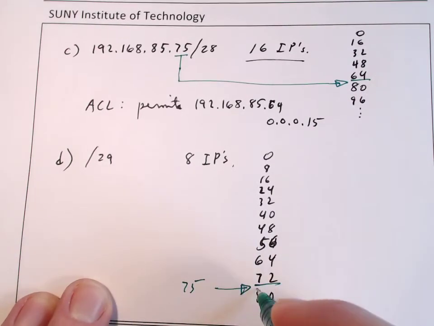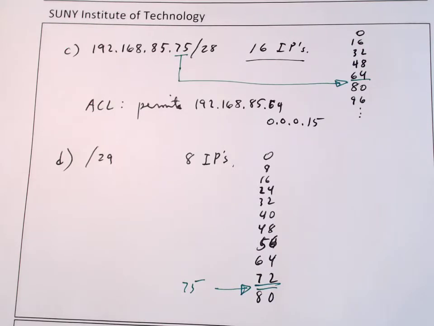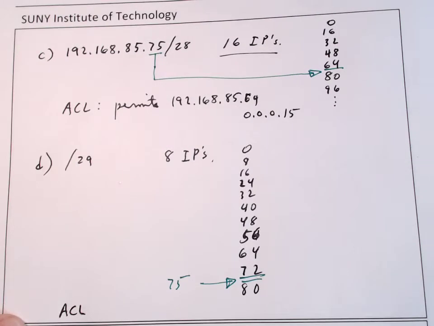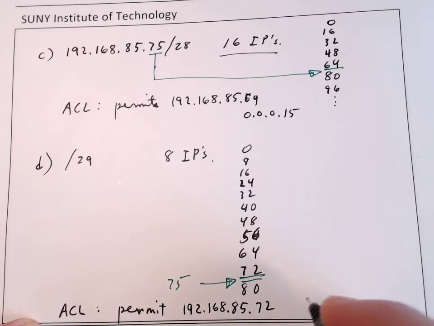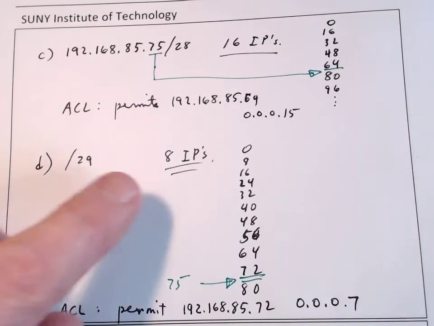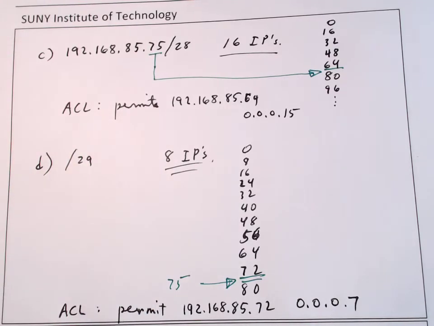Therefore, this is the .72 address, and the ACL is permit 192.168.85.72 0.0.0.7, because it's one less than 8.